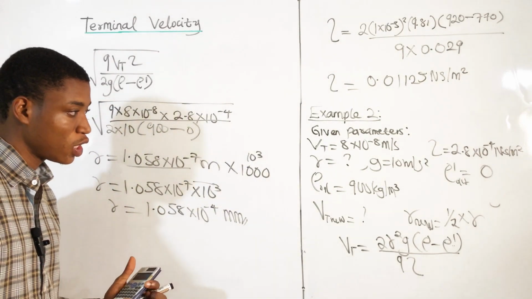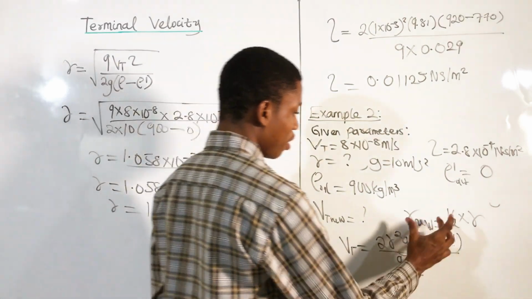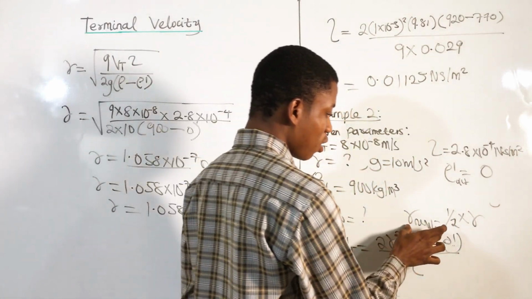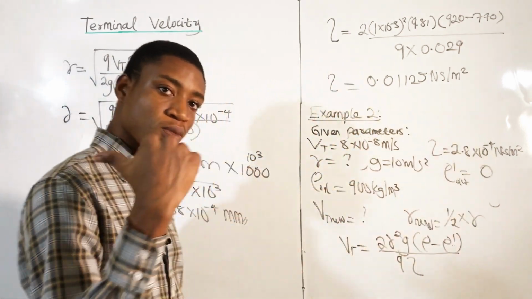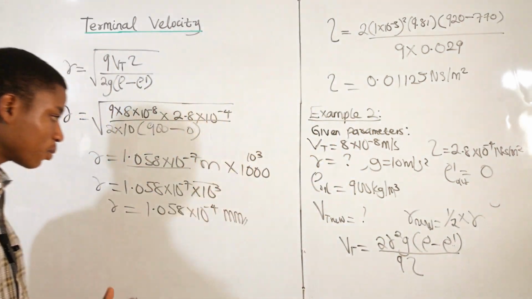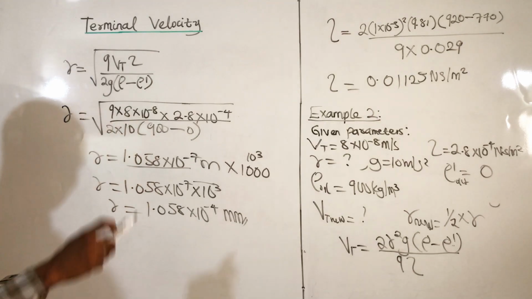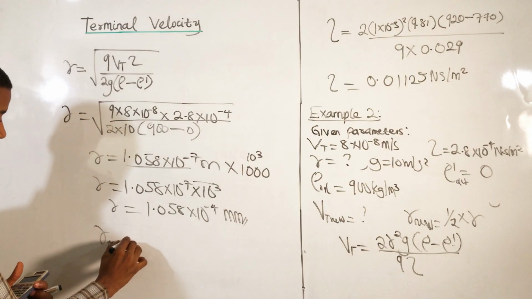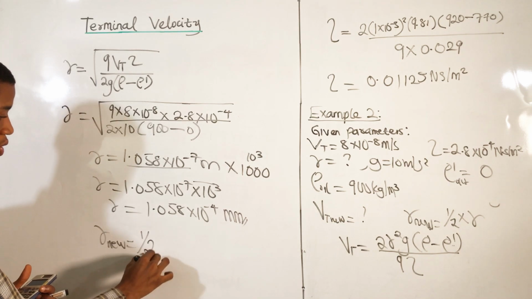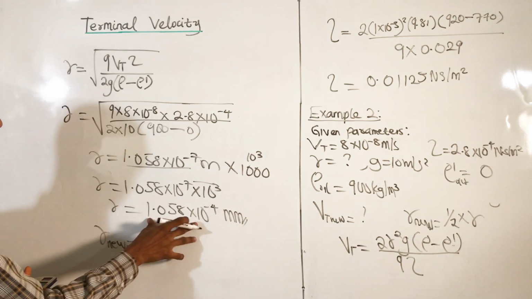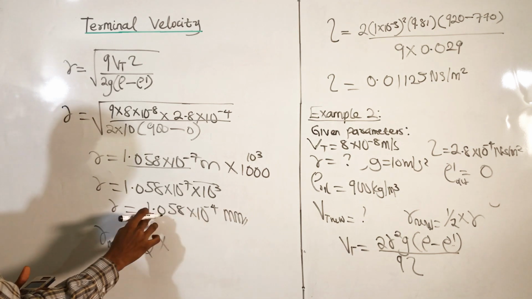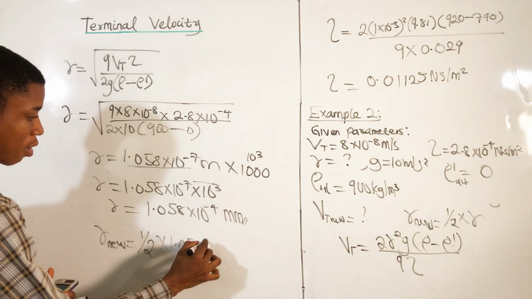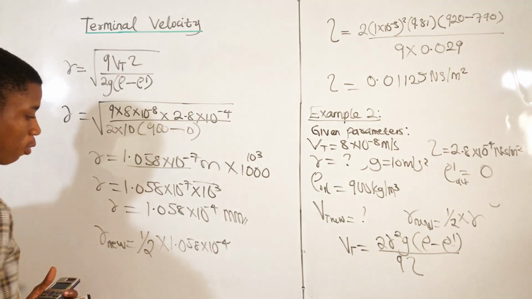But we are not done. They say we should calculate the terminal velocity, given that the new radius is half of the previous radius. So the new radius is the old radius divided by 2, and the old radius is the value we have here, which is 1.058 times 10 raised to the power negative 4.